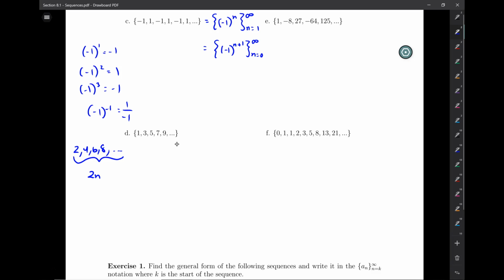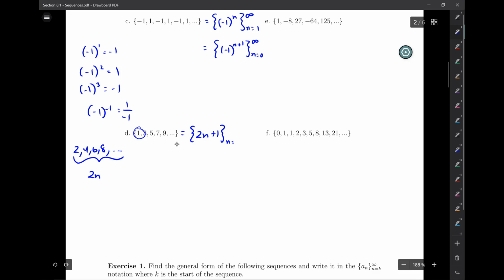If I want to create a list of odd numbers, I can take an even number and simply add 1 to it, and that will create an odd number, or I could subtract 1 from it. So in this case, I can think of this as 2n plus 1. Let's think about where we would need to begin if we did 2n plus 1.